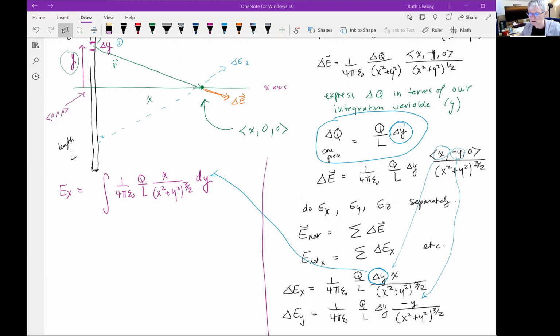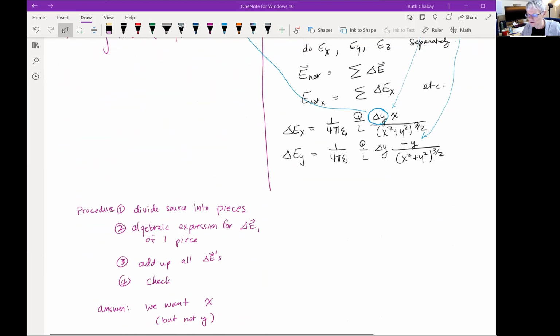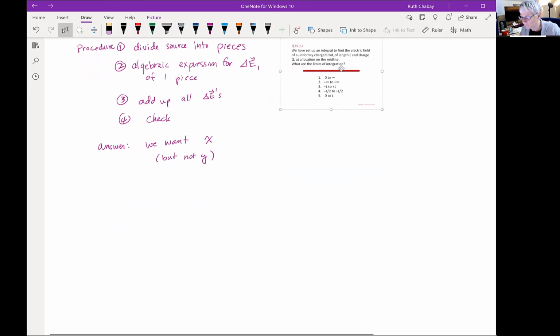So what are our integration limits going to be for this? Let's see if we can figure this out.